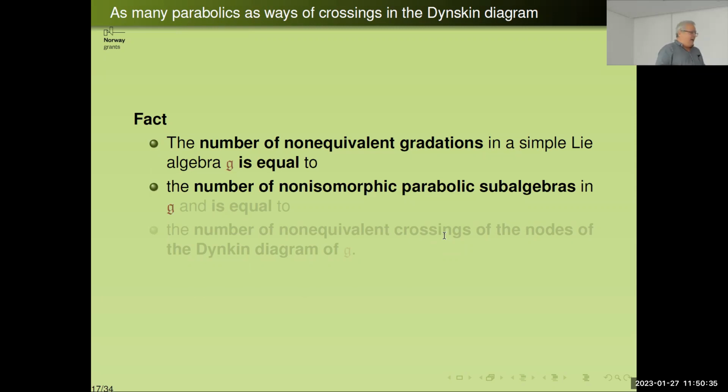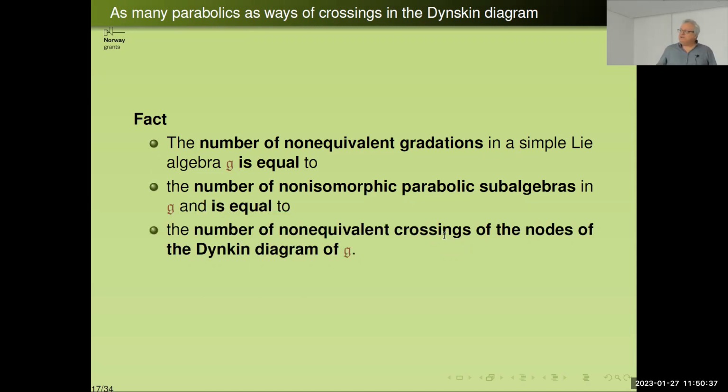And the nicest thing is that people understood that if you look at the Dynkin diagram, the number of gradations, or the number of choices of parabolics, is precisely equal to the number of non-equivalent decorations of the Dynkin diagram of the simple Lie algebra by putting crosses on the nodes.